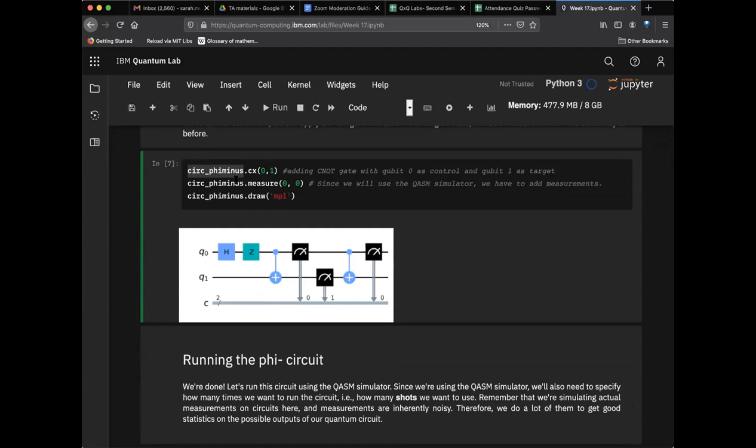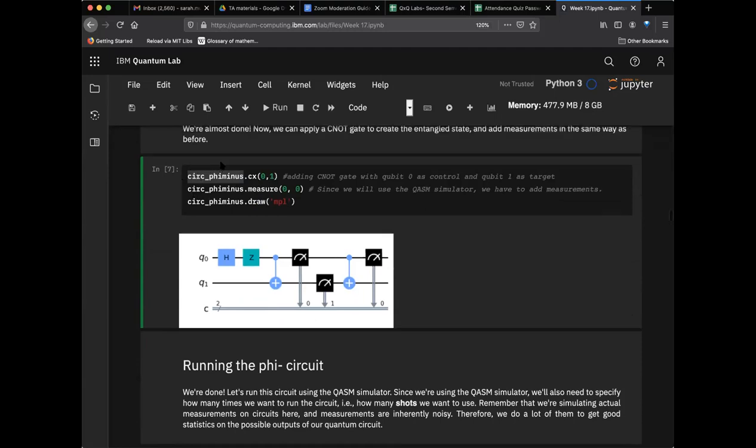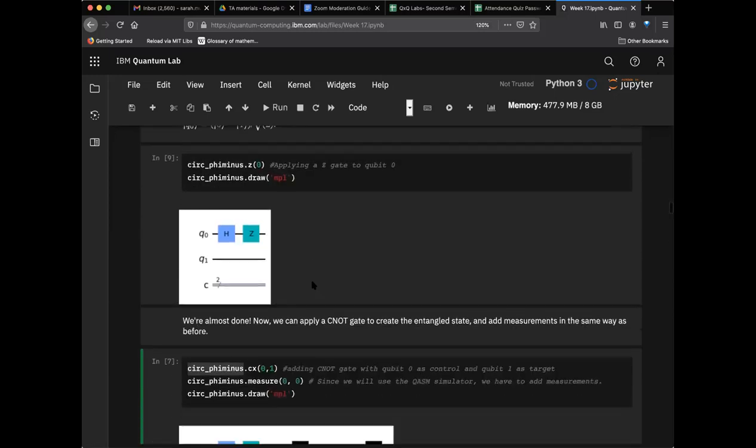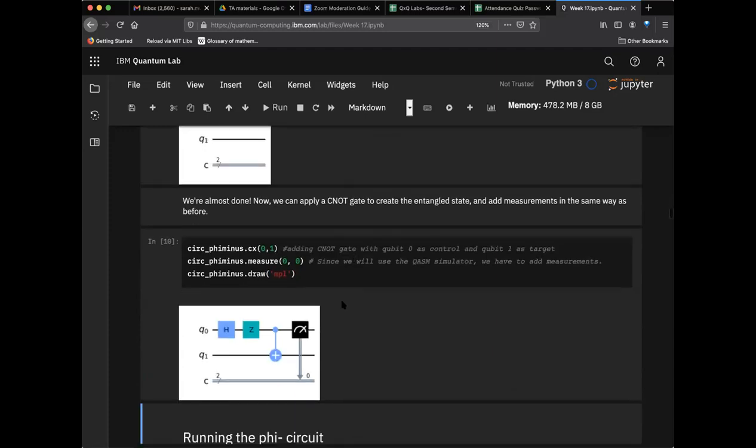We have a circuit here that we've added the CX gate to once already. When we run this cell again, we are performing the same cell operation again. So what I've done is reinitialized our circuit without having this run, and now we get the same thing with just the 0th qubit measured.